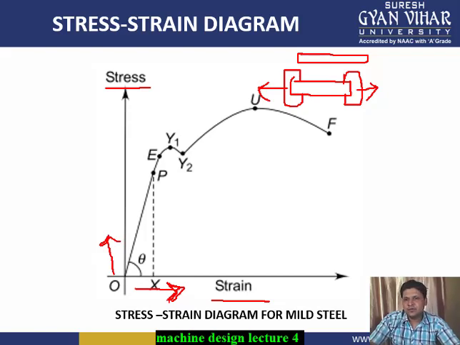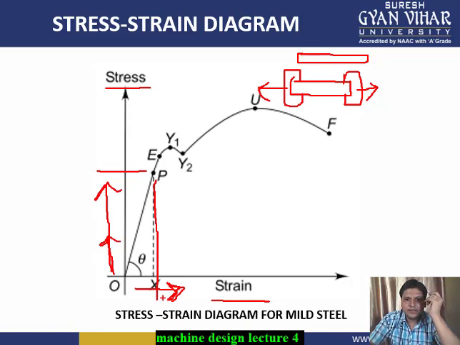Initially, when we apply load, stress and strain both increase uniformly. As you go on increasing the stress, the strain also increases proportionally. But this proportional increase is up to a certain limit, and that limit is known as the proportional limit.